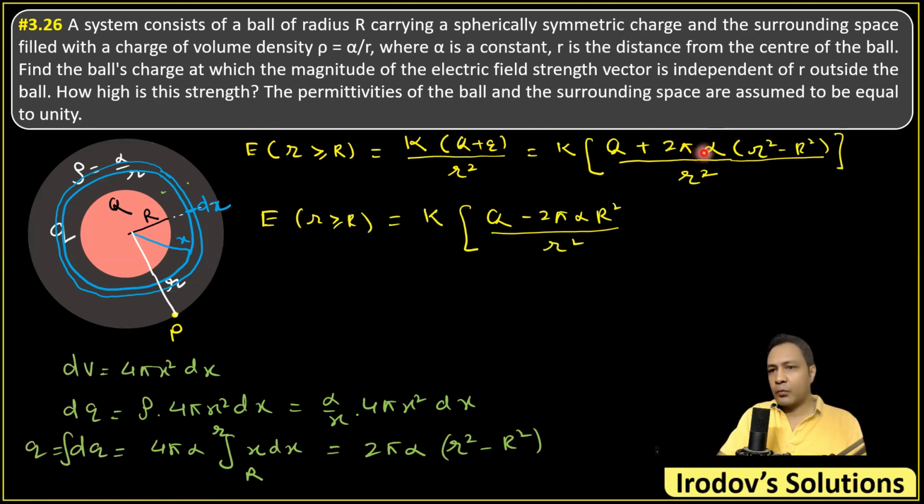With some rearrangement, that is K times capital Q minus 2 pi alpha capital R square, divided by small r square, plus 2 pi alpha r square by r square, which is only 2 pi alpha. So how can I get rid of small r?